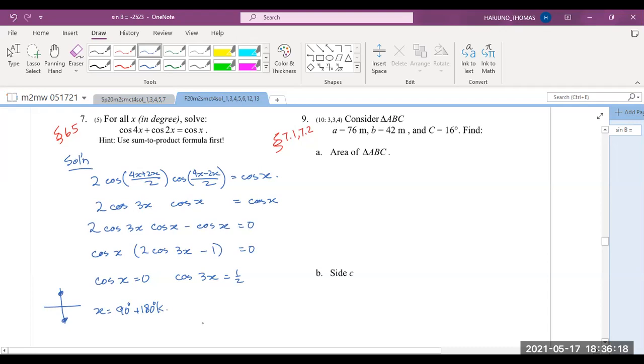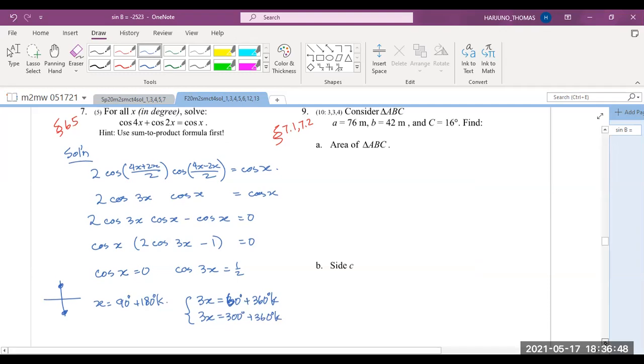Now cosine 3x equals 1/2. There are two branches. So 3x equals 60 degrees plus 360 degrees k, or in quadrant 4, that's 300 degrees plus 360 degrees k.